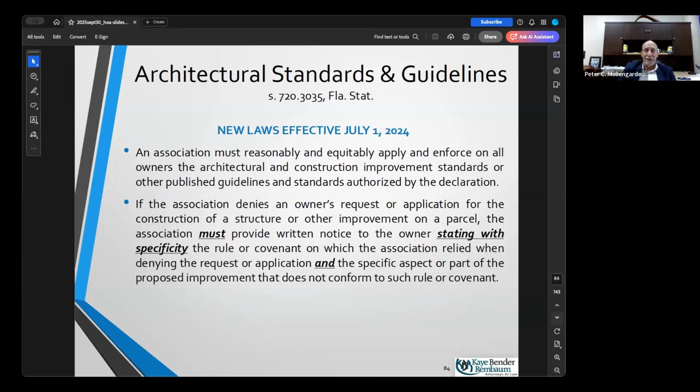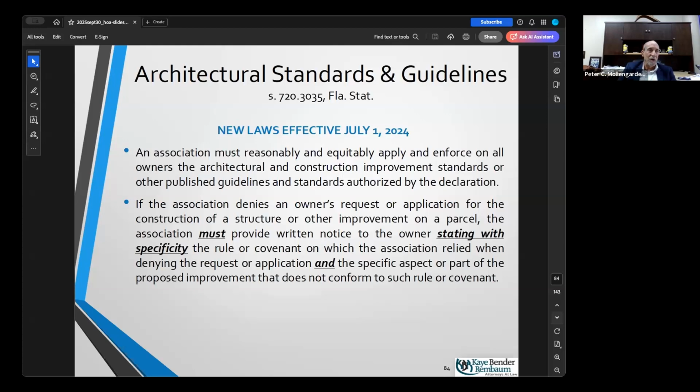If the association denies an owner's request or application for the construction of a structure or other improvement on a parcel or on a lot, the association must provide written notice to the owner stating with specificity the rule or covenant on which the association relied when denying their request or application and the specific aspect or part of the proposed improvement that does not conform to such rule or covenant.